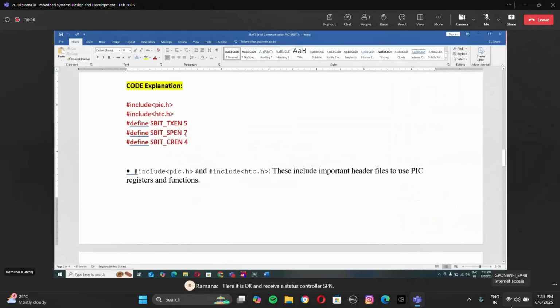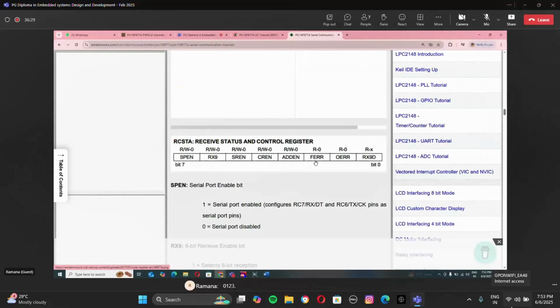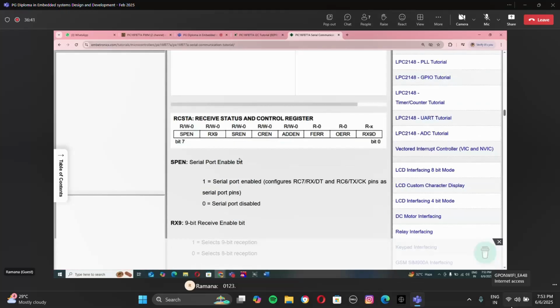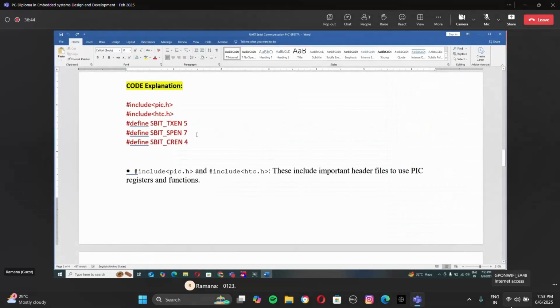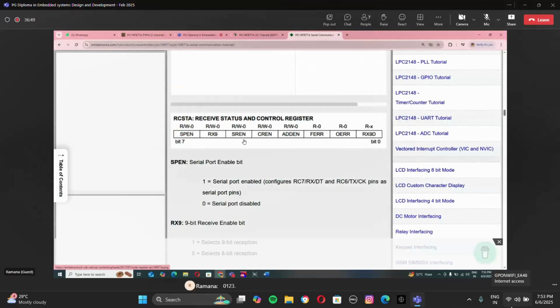If we enable SPEN, what happens? Serial port enabled configuration.